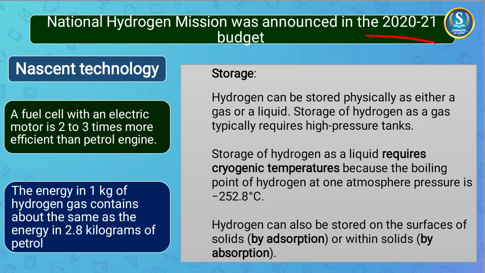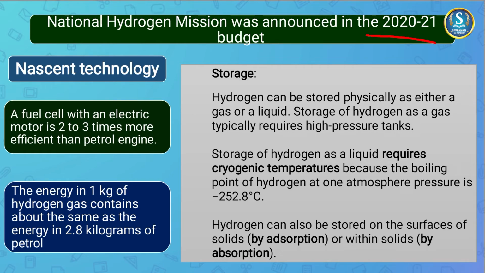But at the same time, storage is also an issue. Hydrogen can be stored physically as a gas or a liquid, both. If hydrogen has to be stored as a gas, it requires typical high pressure tanks which are very unique. And storage of hydrogen as a liquid requires cryogenic temperatures.